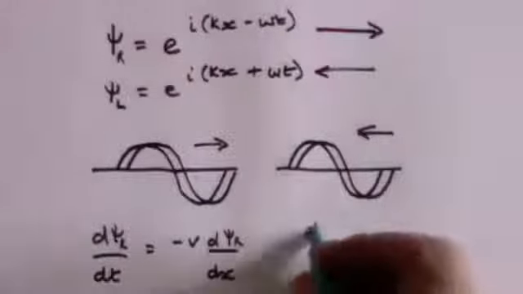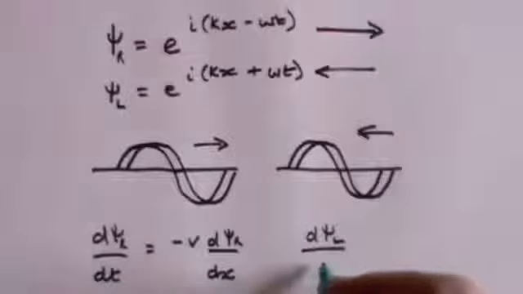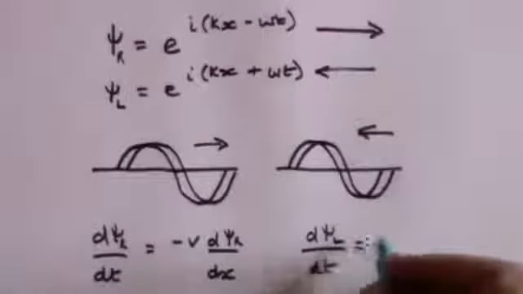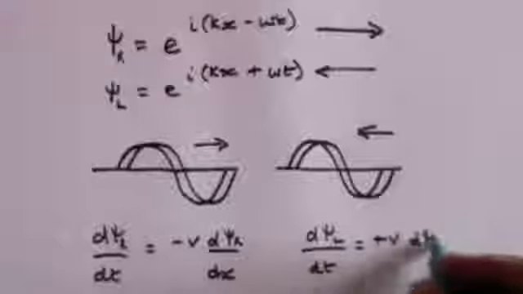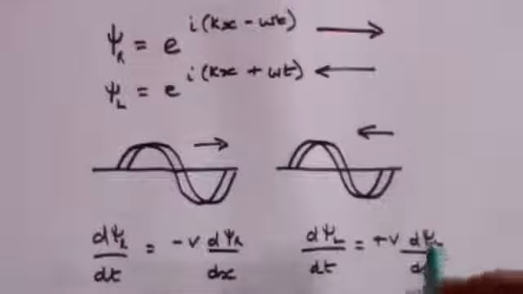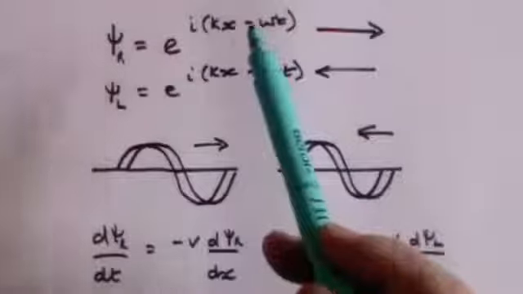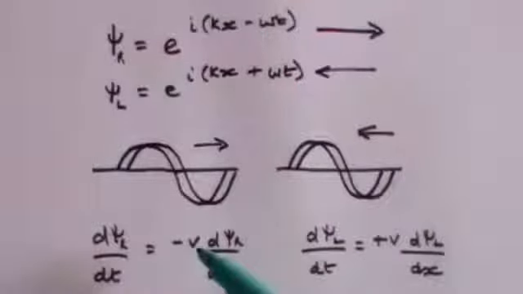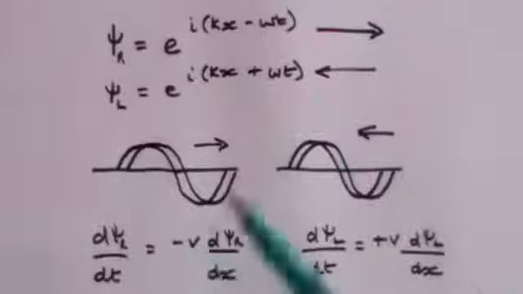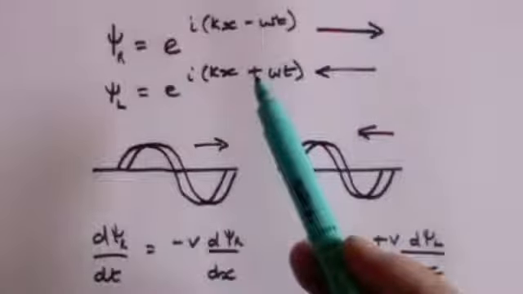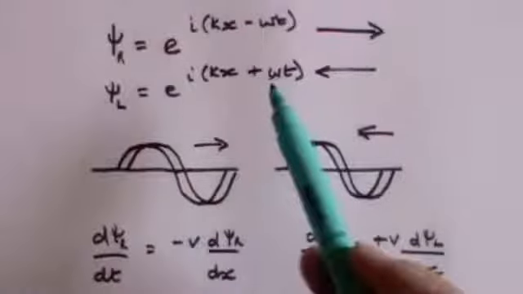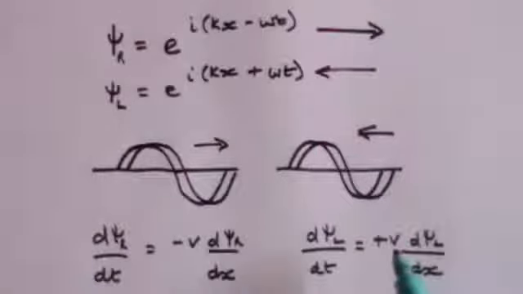You should be able to see that if we had done the same for psi left, we would have got plus v d psi left by dx. Because here we had a minus term, that's what brought down the minus omega, and that's why we ended up with the minus v. Here we've got a plus term, that would bring down a plus i omega, and consequently you get a plus v.